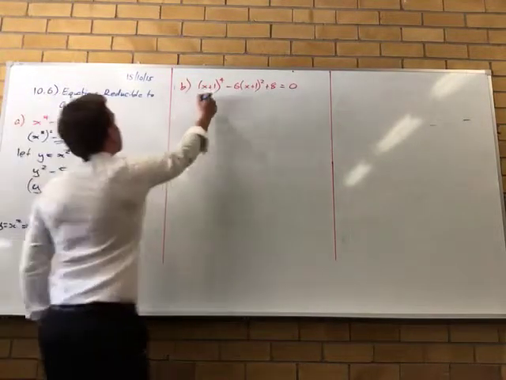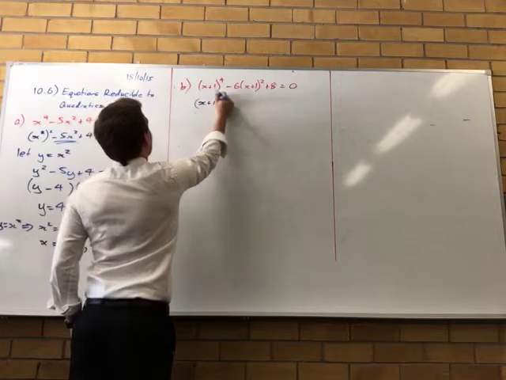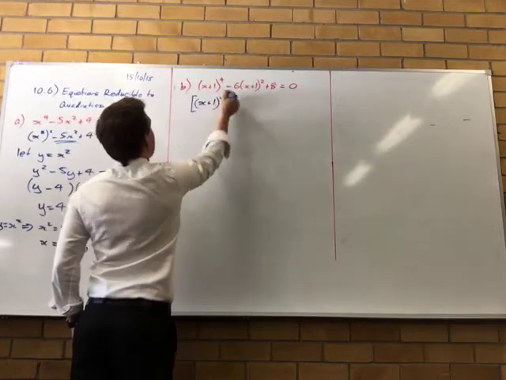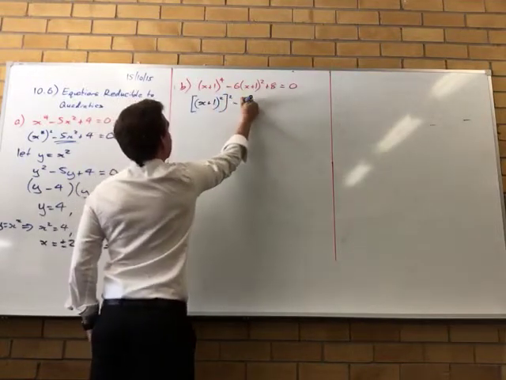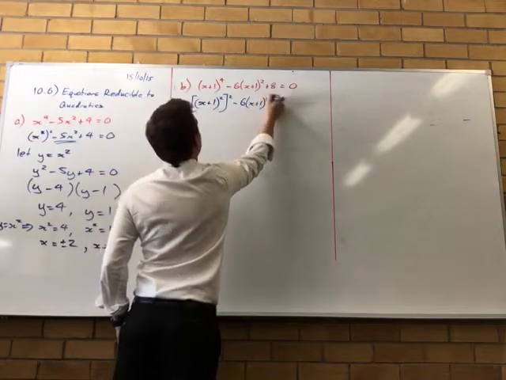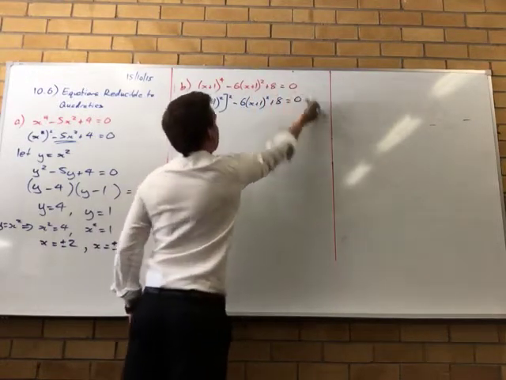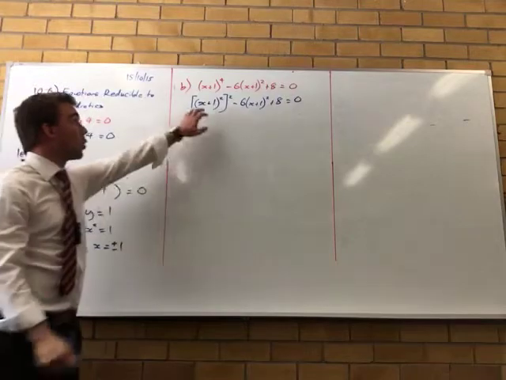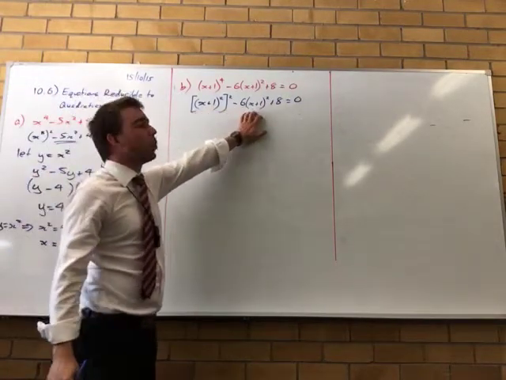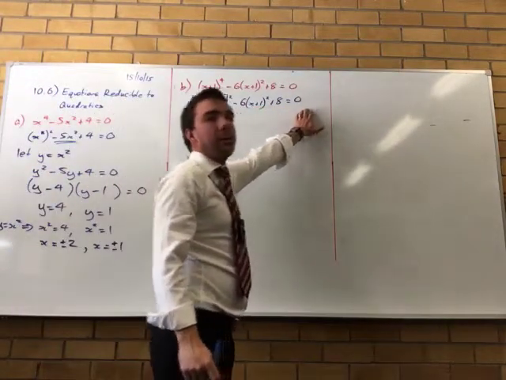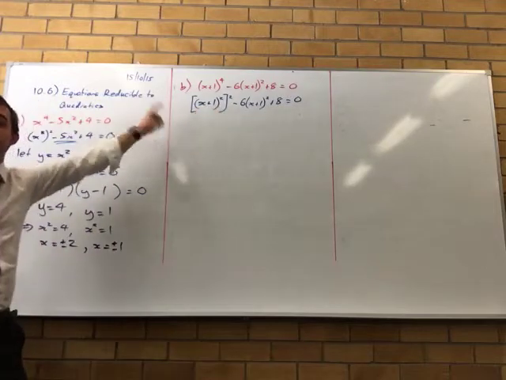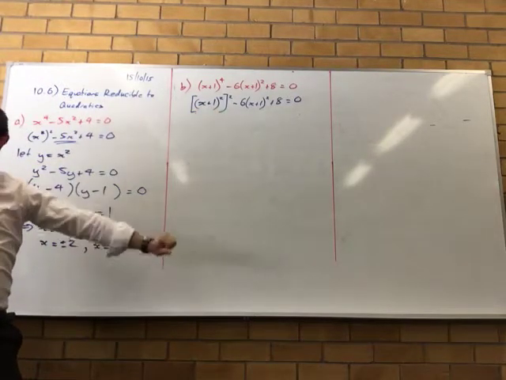In other words, (x plus 1) squared, squared, take away 6 (x plus 1) squared, plus 8 is 0. This is like your y squared, take away 6y plus 8 equals 0. Now you don't have to show that step. If you understand what the substitution is, just go and do that.